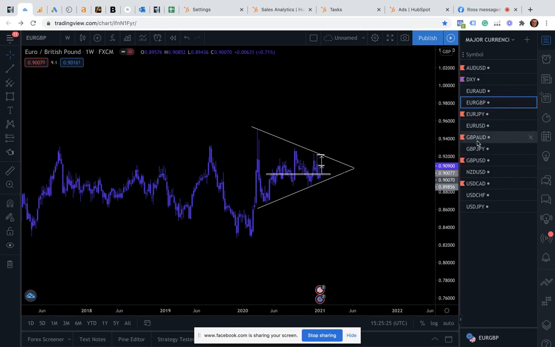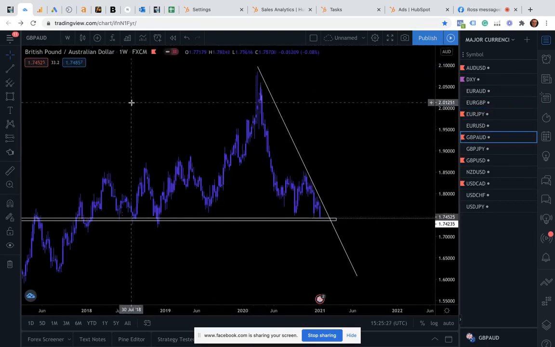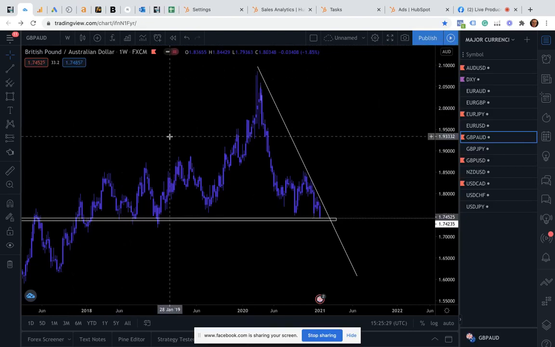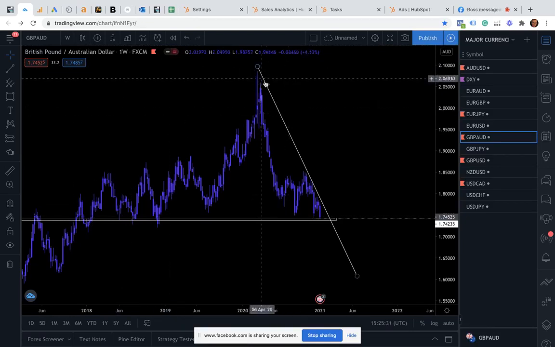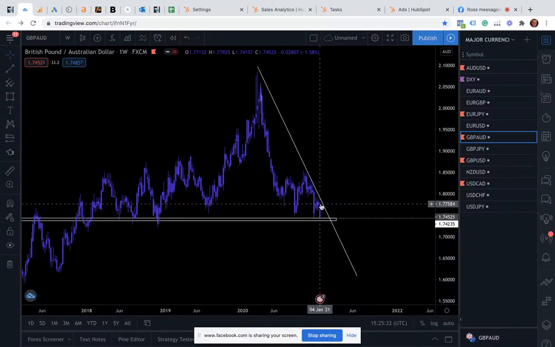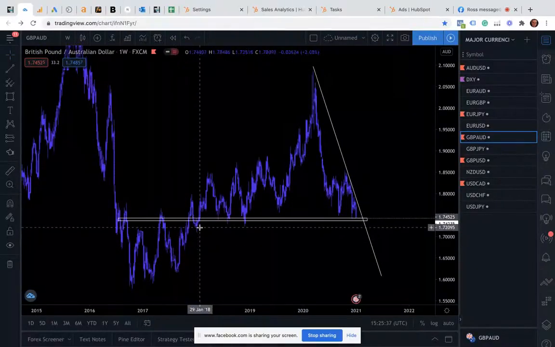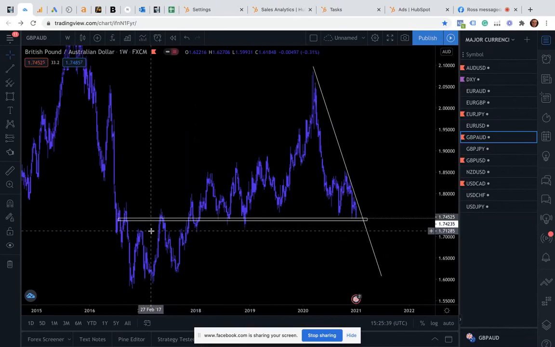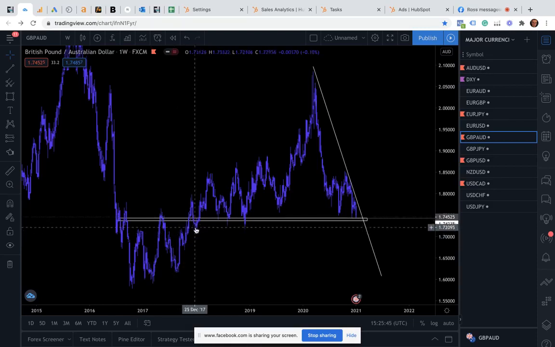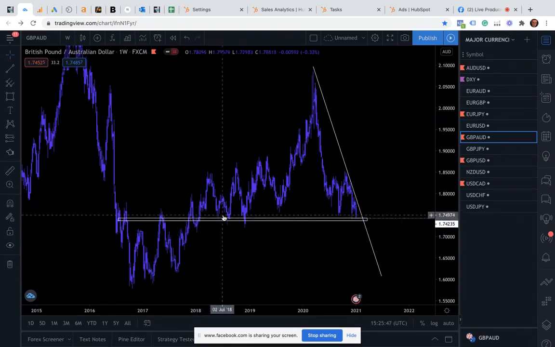What are we looking at for, let's see, GBP Aussie, again all the way down to the weekly. You can see this bearish trend line being respected very well, and we've moved quite hard into this zone. Now again, this is another high impact zone that we found, just been respected very well. As you can see here, it's been respected just here, it's been respected here very well, and then now coming back into it, it seems like we're having a double bottom.